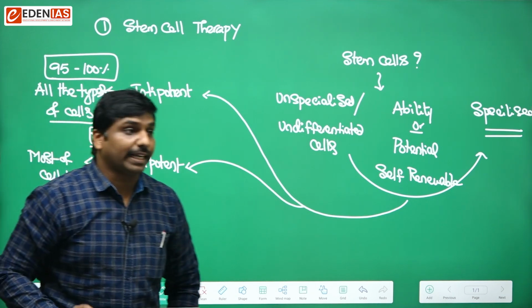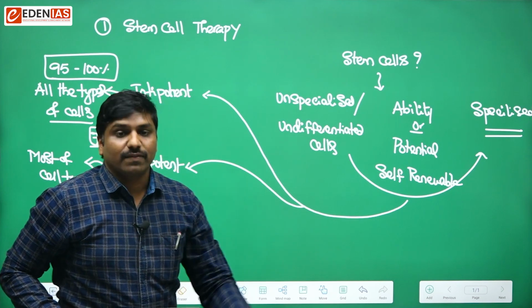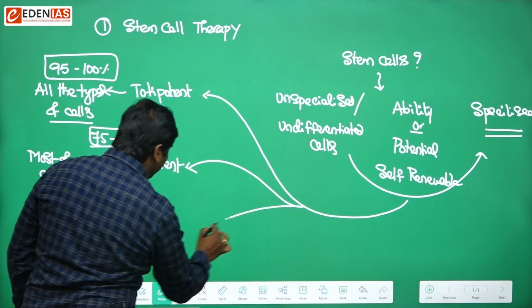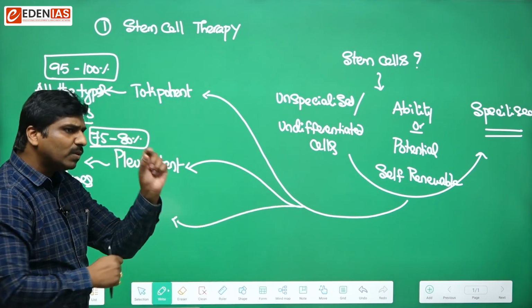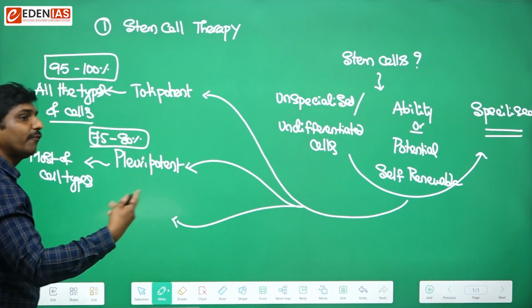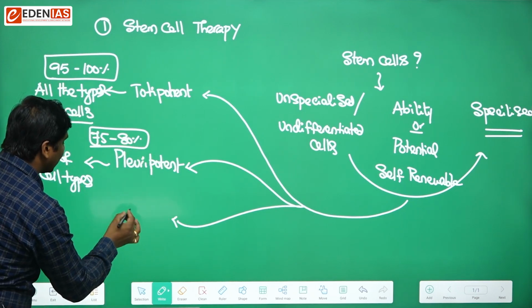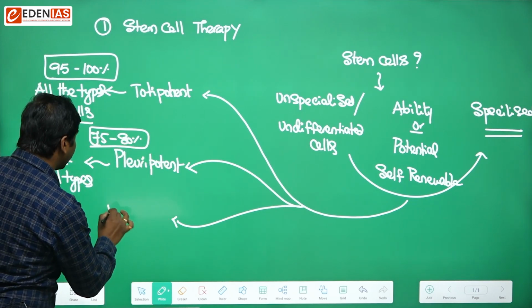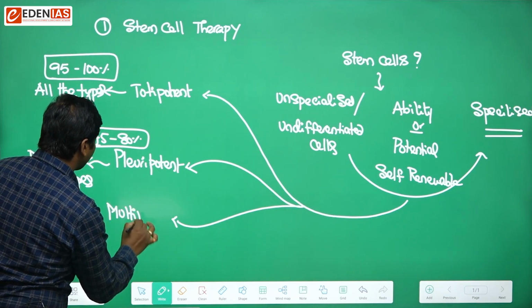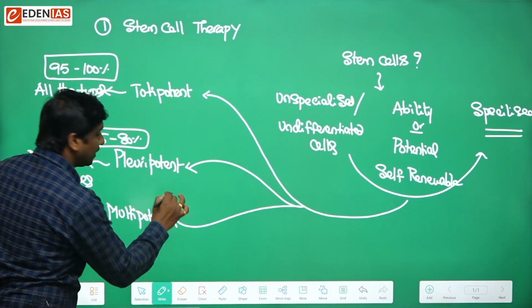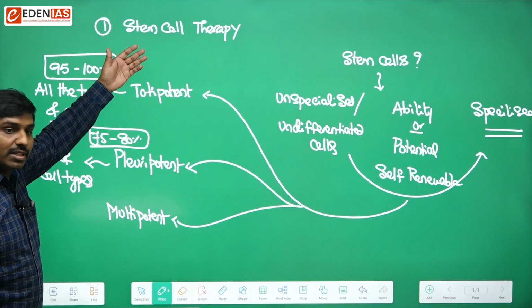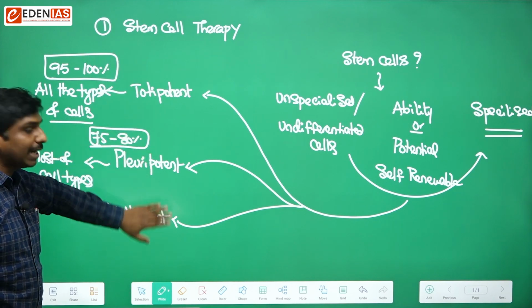Then there will be other types of stem cells which will have the ability to develop into some or a few cells. They are multipotent stem cells: totipotent stem cells, pluripotent stem cells, and multipotent stem cells.